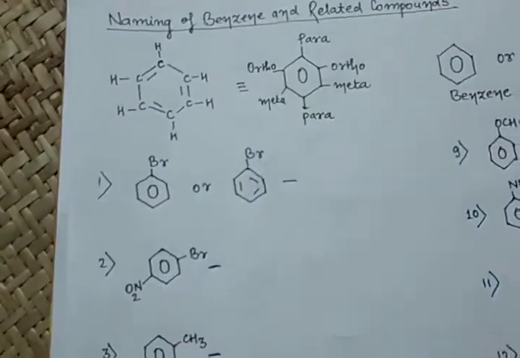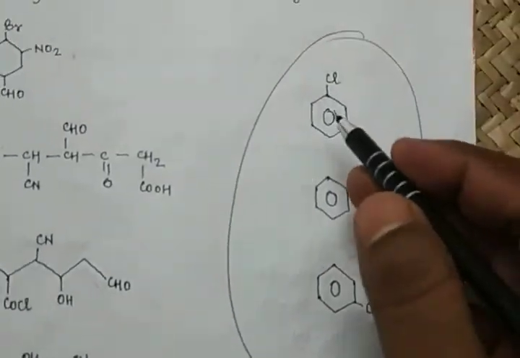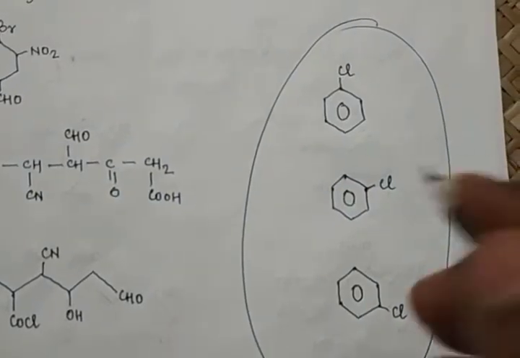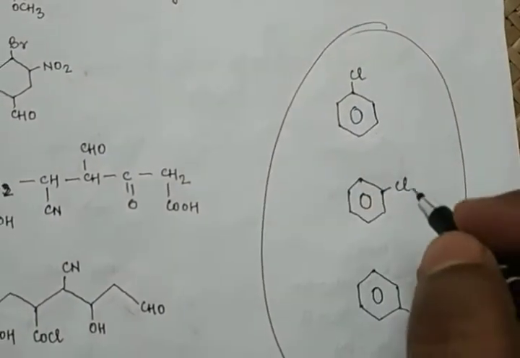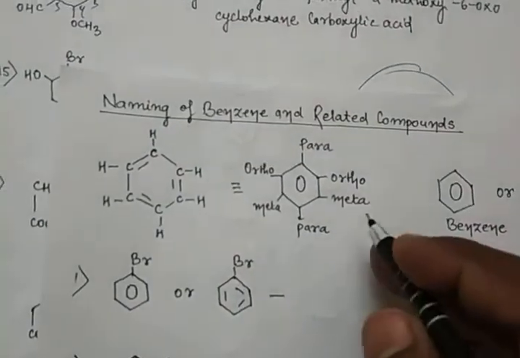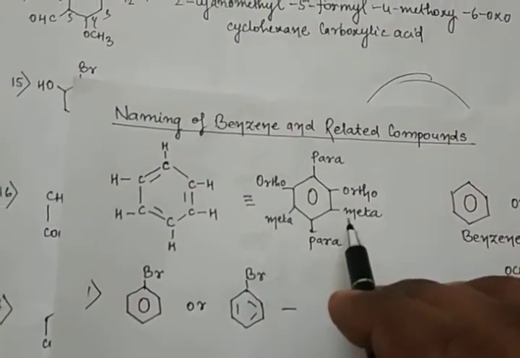Okay. Now in this condition there is a three structure. Chlorine. Again, there are para, ortho and meta positions. The first position is para, then ortho, then meta, then para.